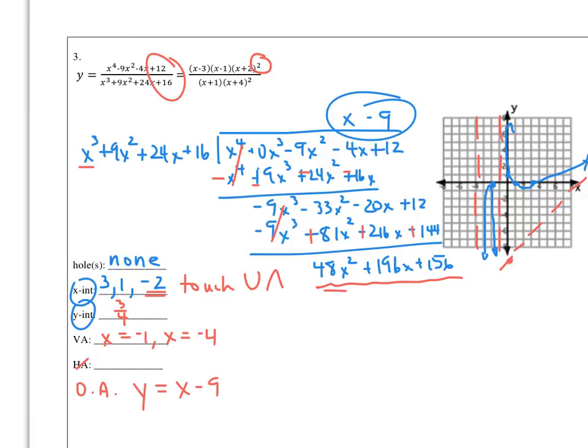And you will see that if we were to go further, our oblique asymptote would actually cross these two parts. Reminder that graphs can cross horizontal or oblique asymptotes, they just can't cross vertical ones. And then on the other side of our oblique, a part of our graph occurs all the way down here, but again, it doesn't show up on our graph.